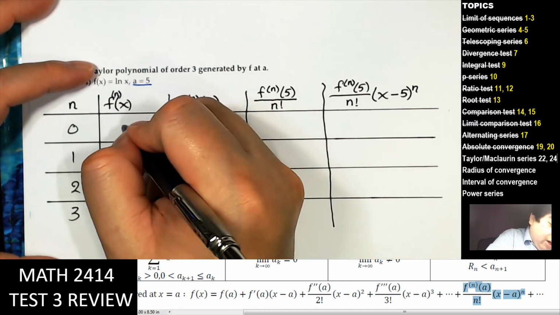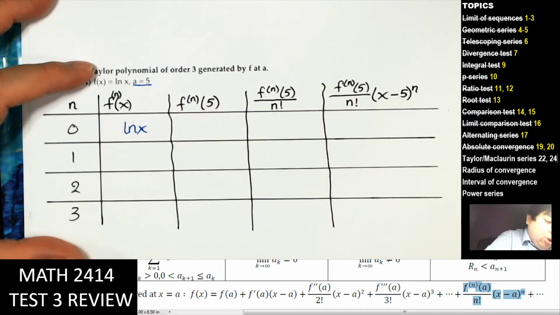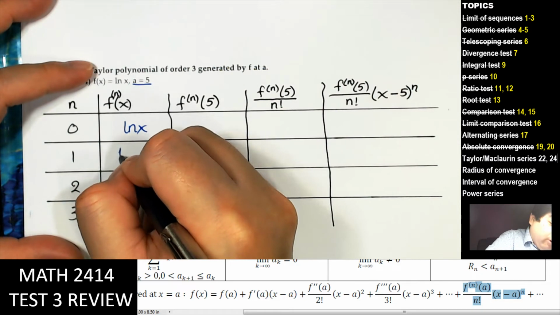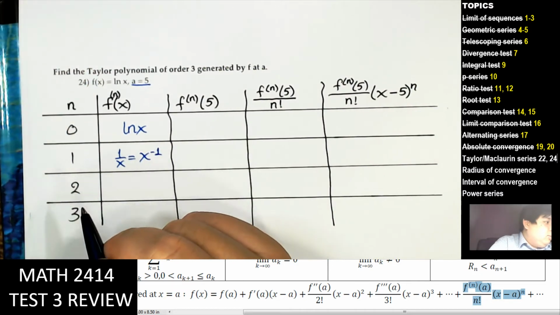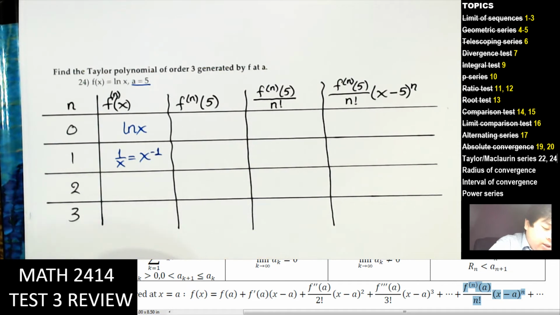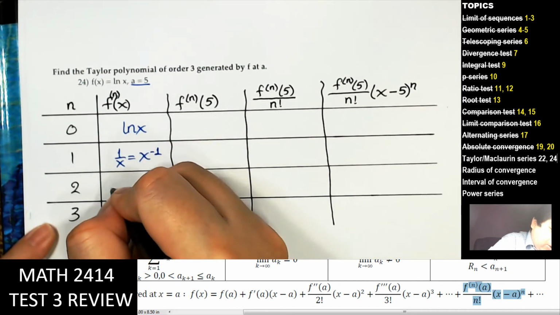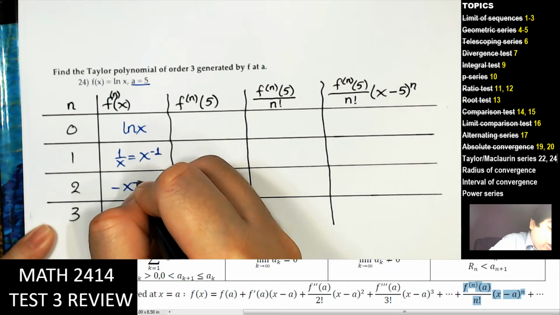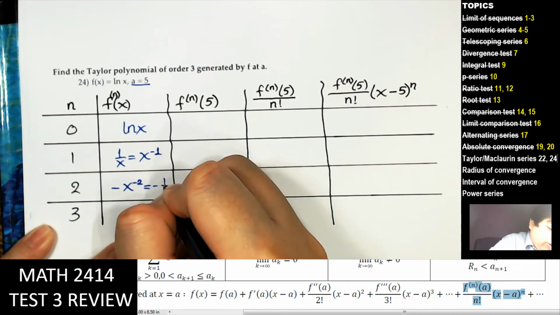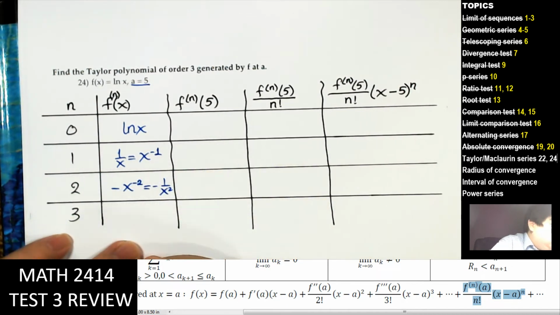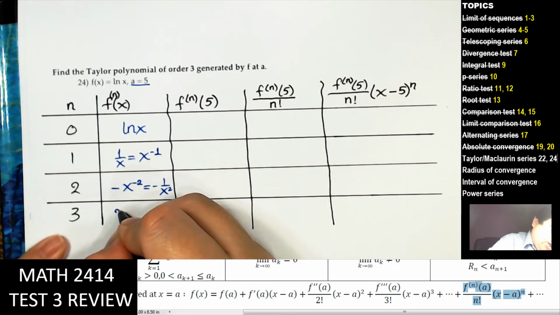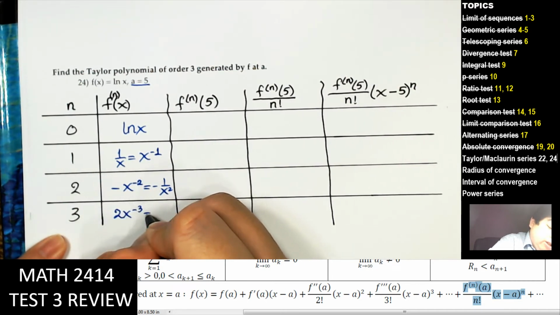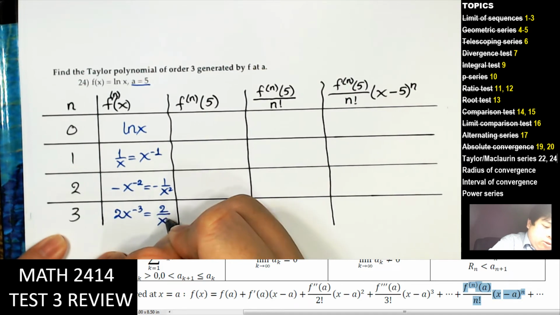So we have ln of x. The derivative of ln of x is 1 over x, which is x to the negative 1. The derivative is negative x to the negative 2, or negative 1 over x squared. The derivative of this is 2x to the negative 3, or 2 over x cubed.